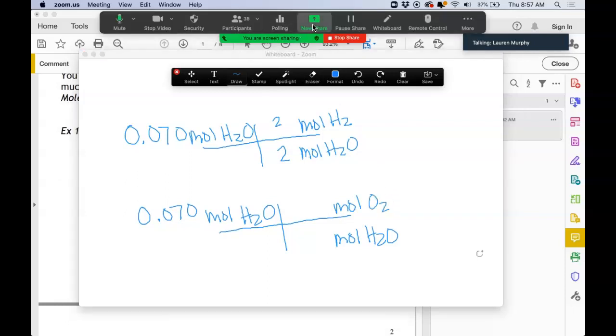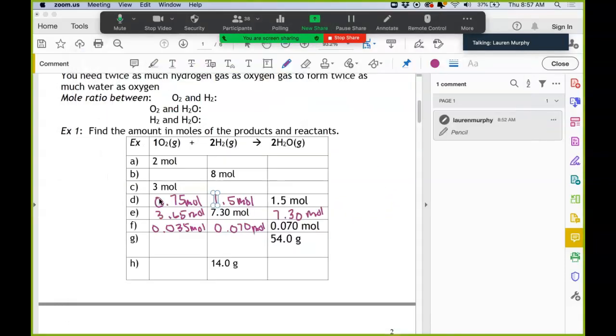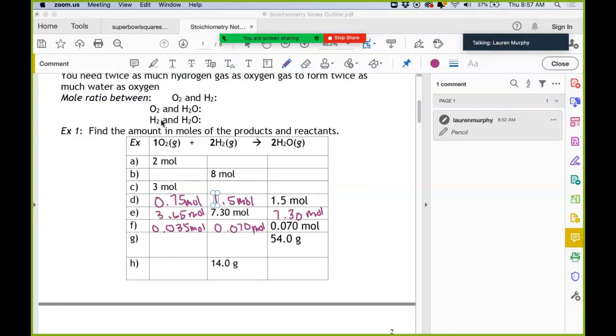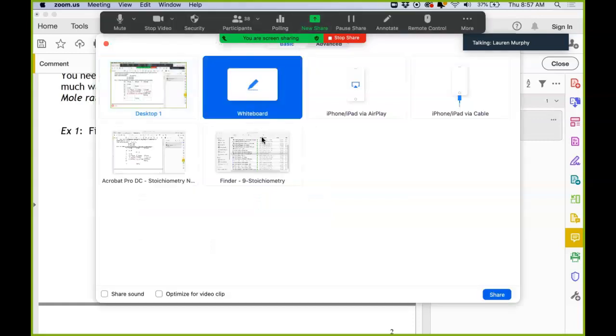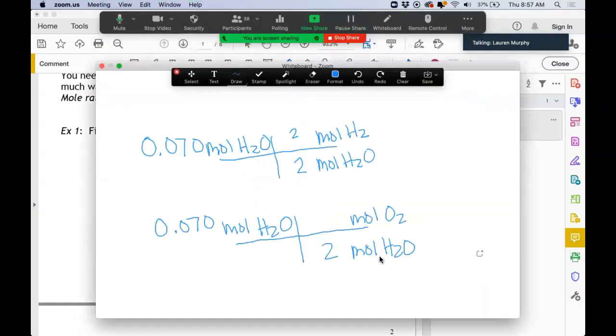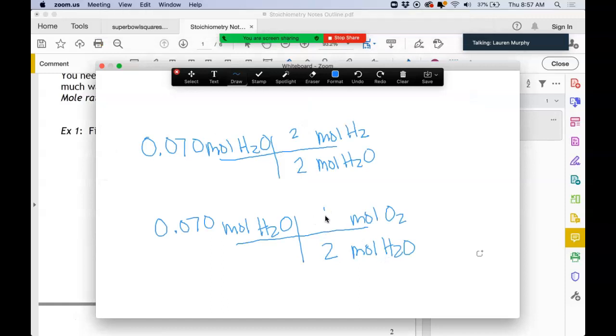If you look back at the balanced reaction, for every 2 moles of water produced, 1 mole of oxygen gas reacts. So this is 0.070 divided. The stuff on the bottom gets divided.